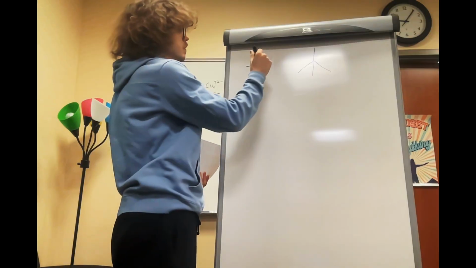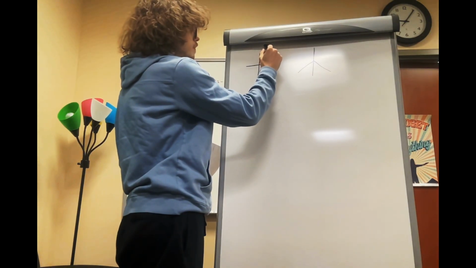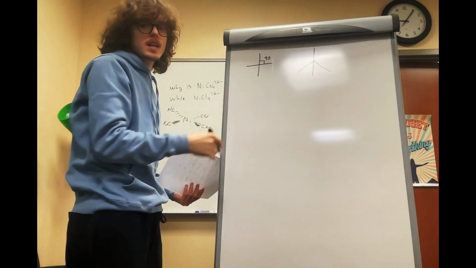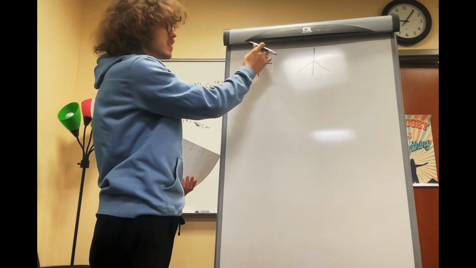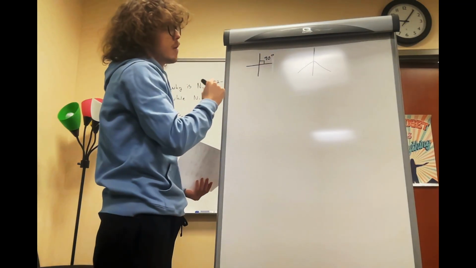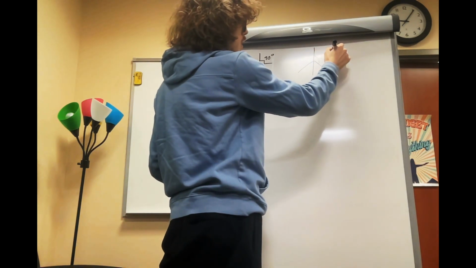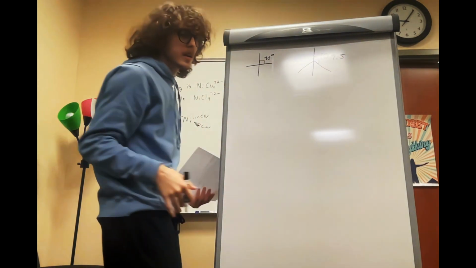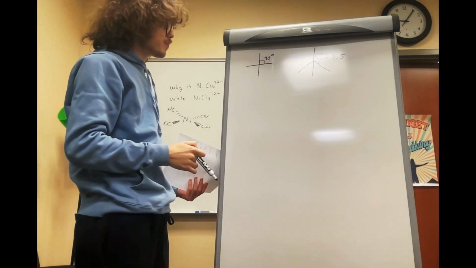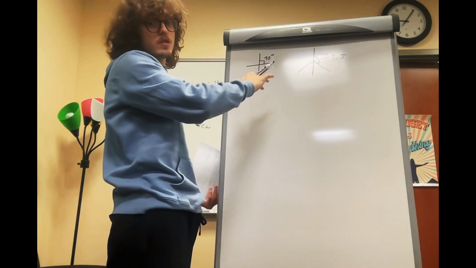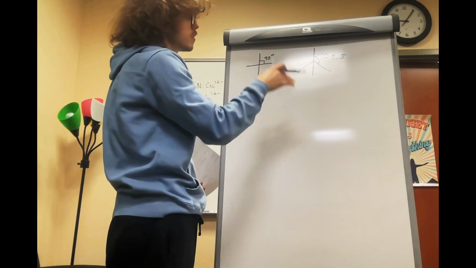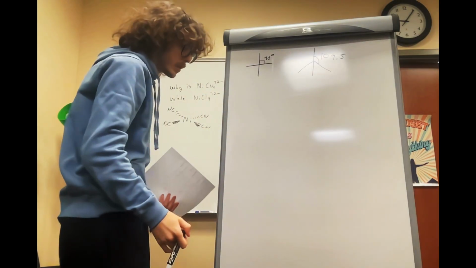This is going to be your square planar. The bond angle between any two ligands on that complex is going to be 90 degrees. However, if we look at a tetrahedral geometry, we know that this will always be roughly 109.5, and that's for any two ligands. So any ligands in a tetrahedral geometry will be 109.5 degrees apart.